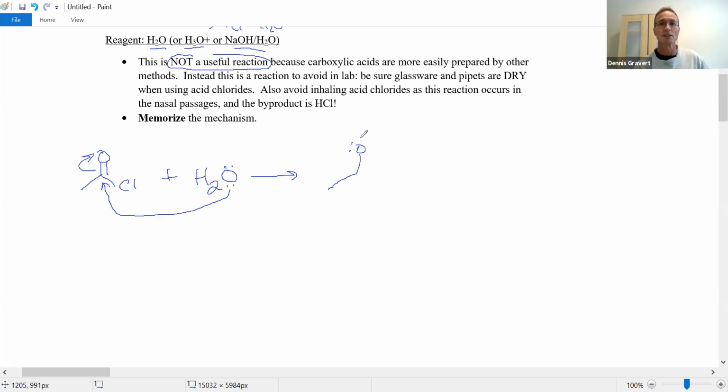So now the oxygen that used to be double bonded is negatively charged. Water keeps all its hydrogens in step one of the mechanism. Step two, bring that pi bond right back. And then kick out the weakest bond, the most stable leaving group. Okay, so sometimes the water does depart because that is a nice leaving group.